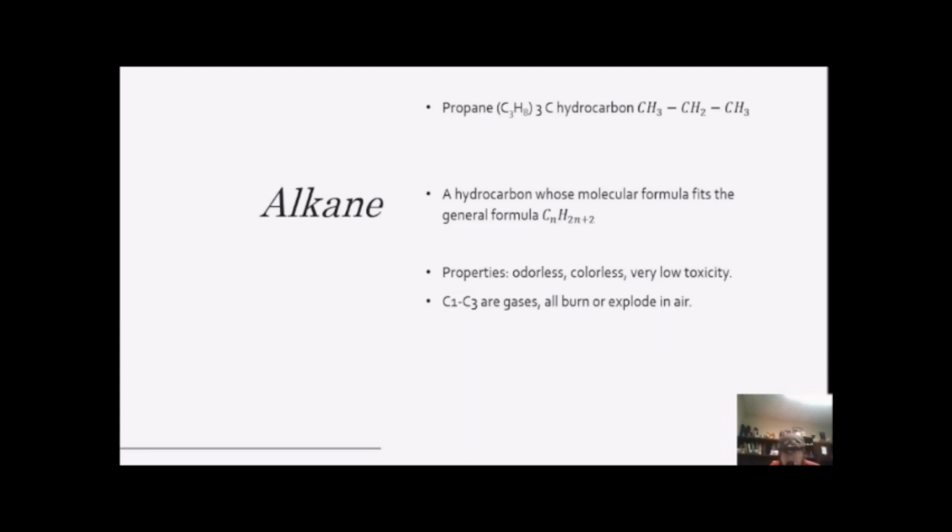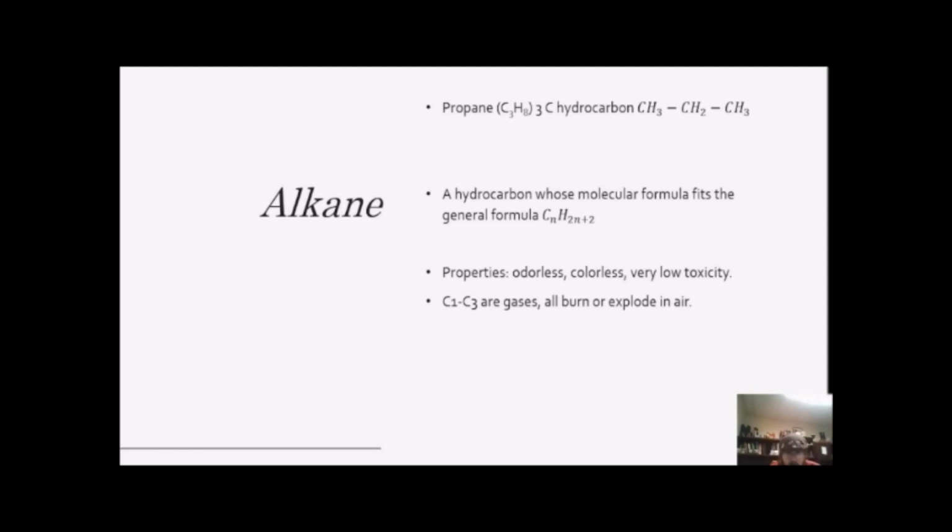If I had C10, an alkane would be C10H22, because 10 times 2 is 20, 2 plus 20 is 22. This is the generalized name, but keep in mind, the only type of carbon an alkane contains is a tetrahedral carbon.